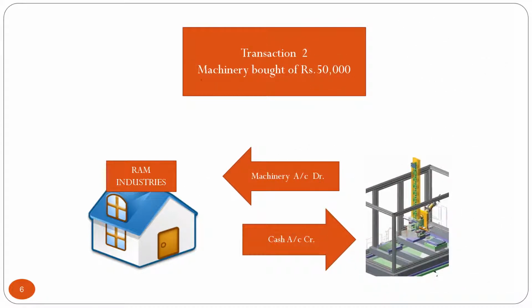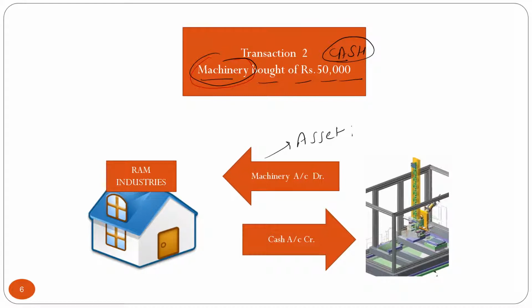The second transaction is machinery bought of rupees 50,000. So here machinery is the one entity and cash is the second effect. Machinery is an asset to the business.